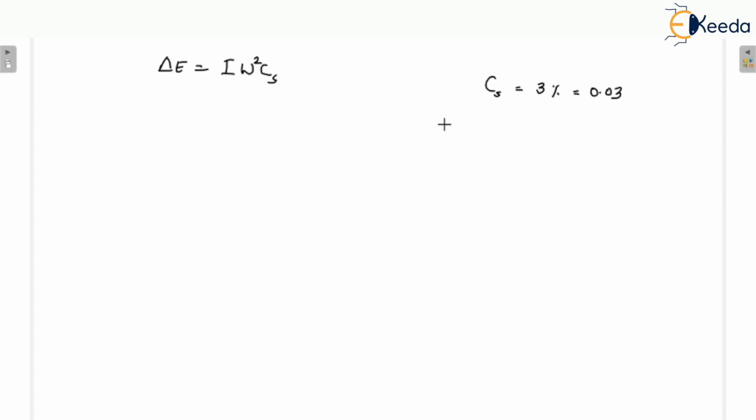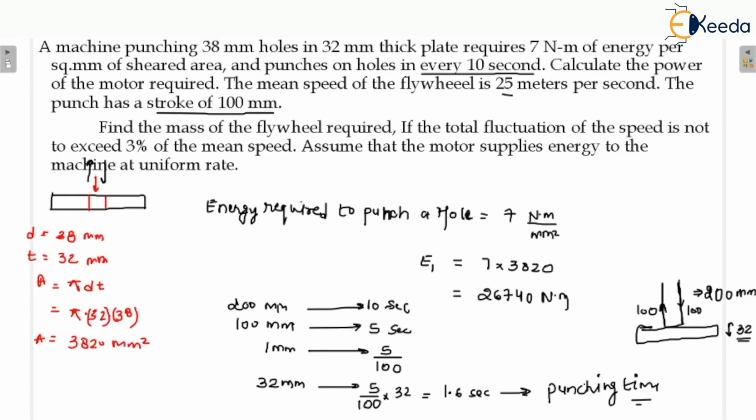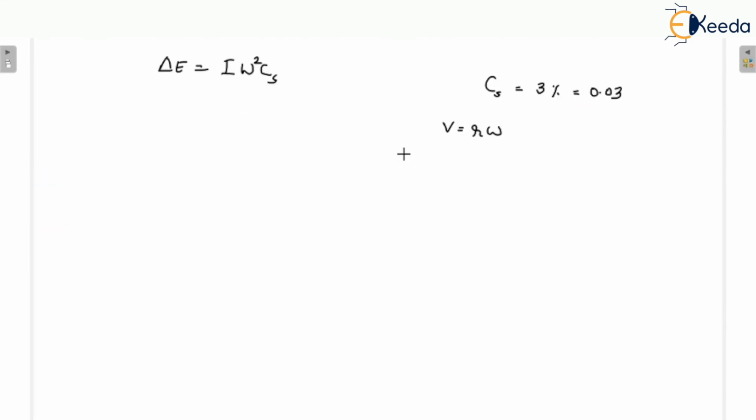We know that V is equal to R omega, and V is given in the question, you can see here 25 meter per second. Omega we can calculate, or we can replace omega with V. And we know that I is equal to m k square.